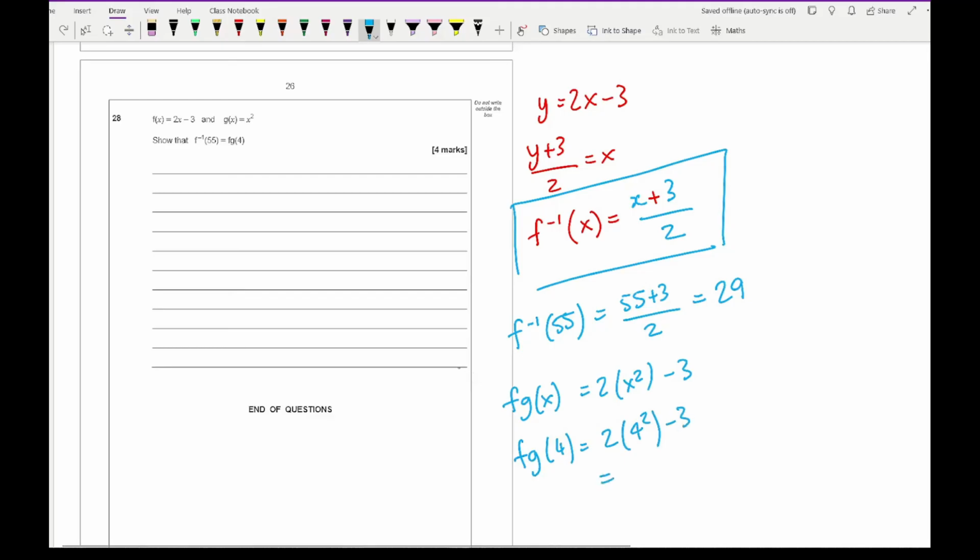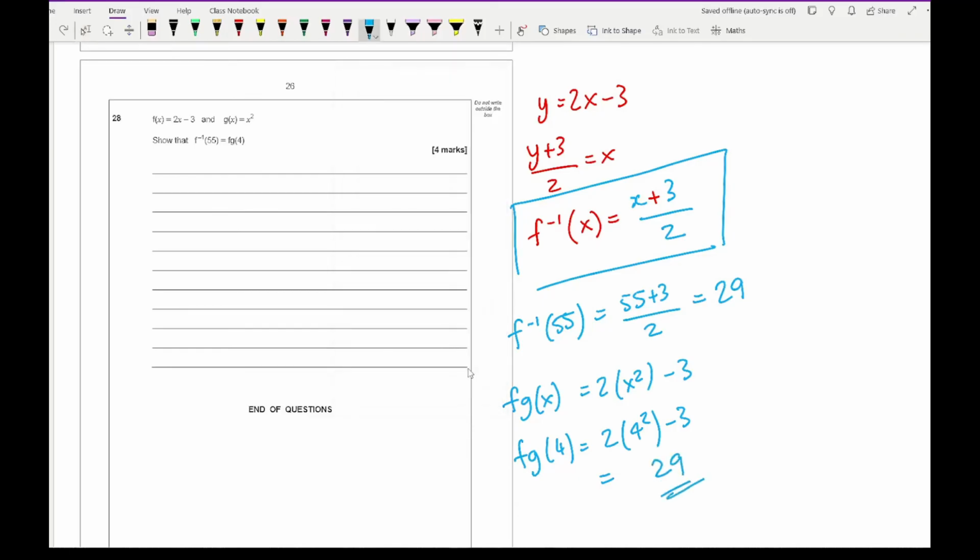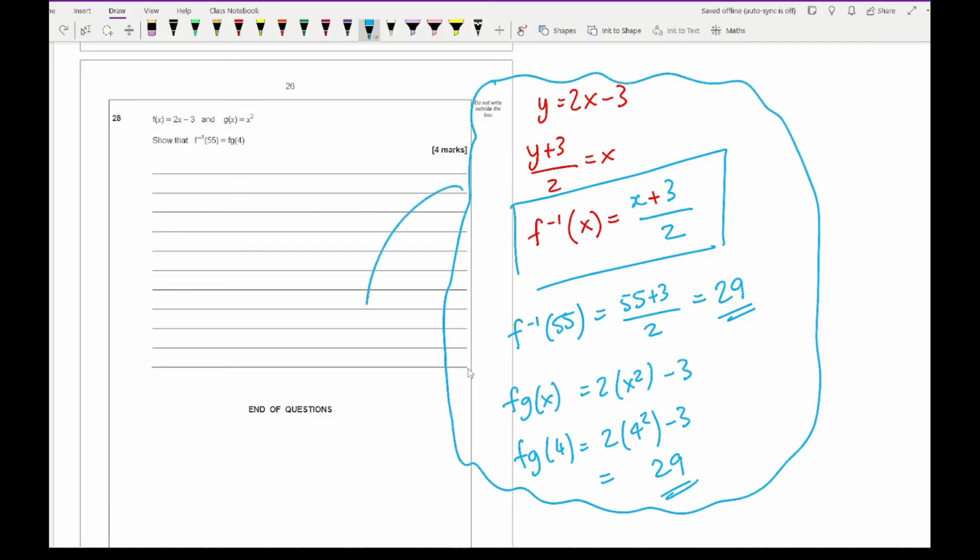So if I enter that on my calculator, let's see what I get. So I get 2 times 4 squared minus 3 equals 29. And so there you can see that I'm getting the same answer. And so writing all of this in here would be fine to get the 4 marks.